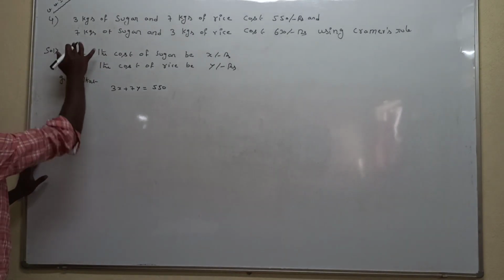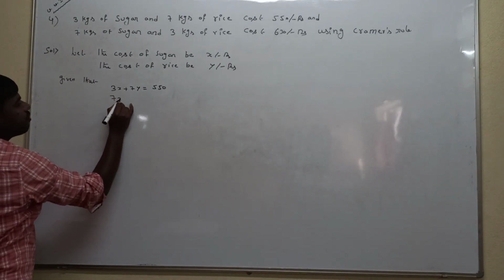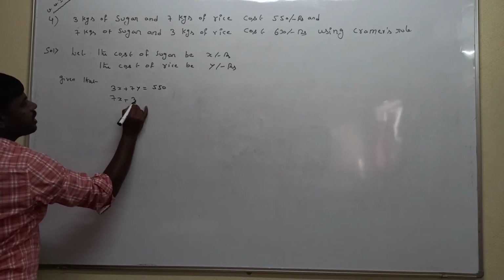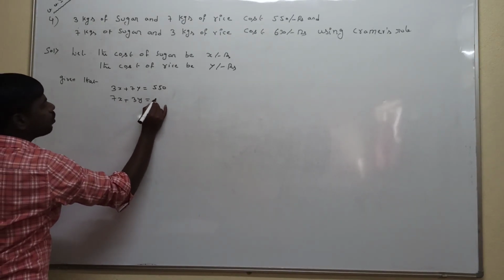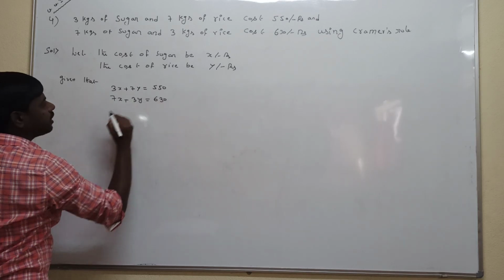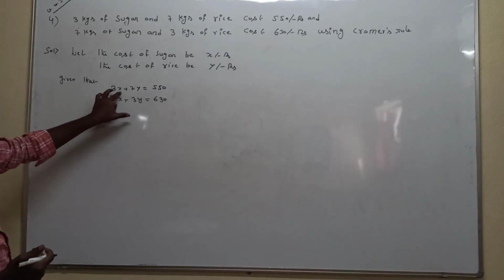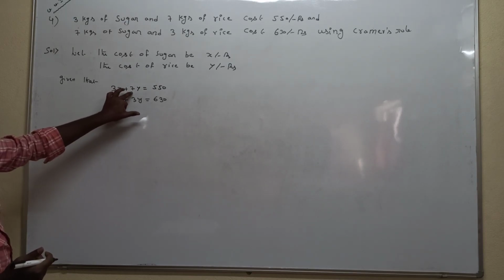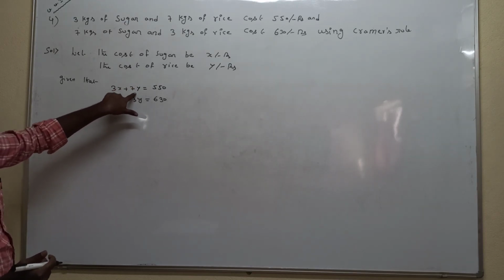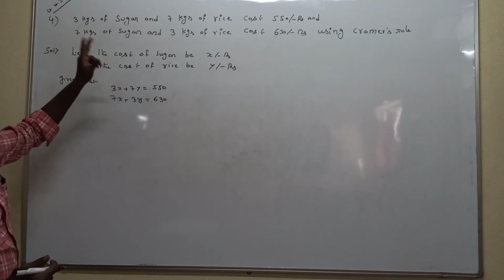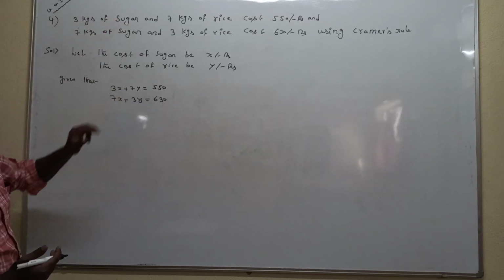Second one, what is given? 7 kgs of sugar and 3 kgs of rice, the total amount they gave is 630. So do you understand how this equation comes? The total means the sum of the sugar and rice, that's why we are taking addition.